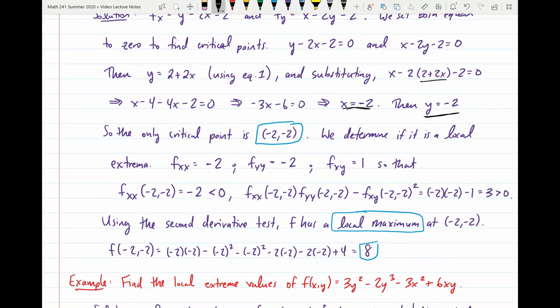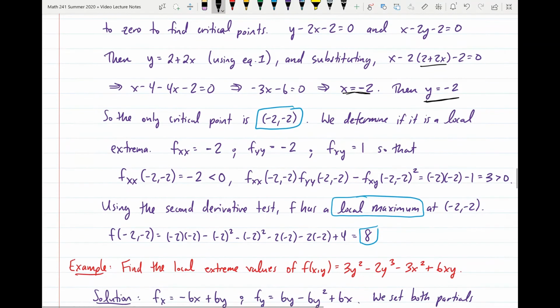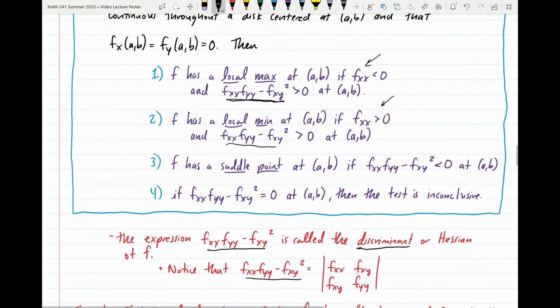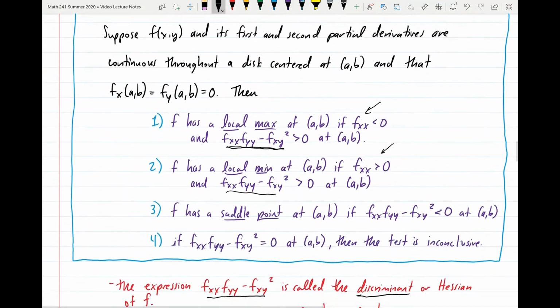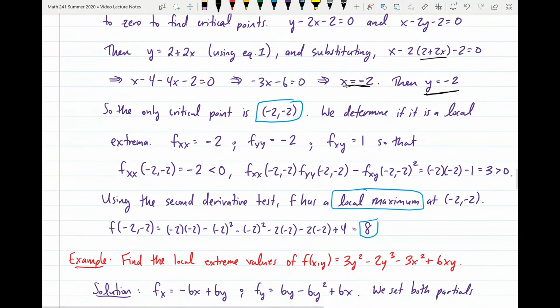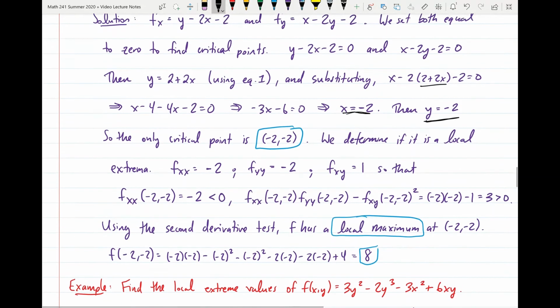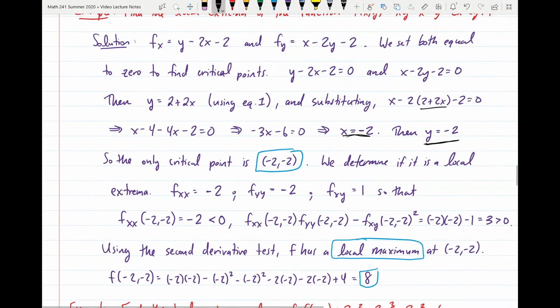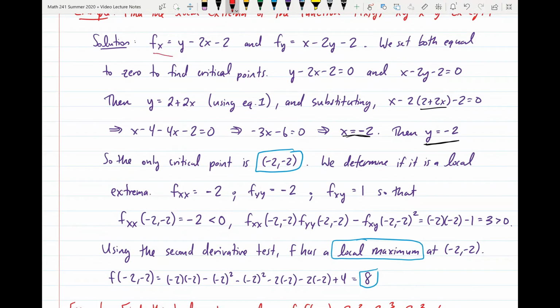Now that we have that critical point, we're going to determine whether it is a local extrema. To do so, we'll use this second derivative test that we have up here, the theorem that we just developed there. So f sub xx is equal to minus 2. Maybe I should bring up the first partial derivative with respect to x up here, so you can verify that f sub xx is equal to minus 2. f sub yy is equal to minus 2 as well.